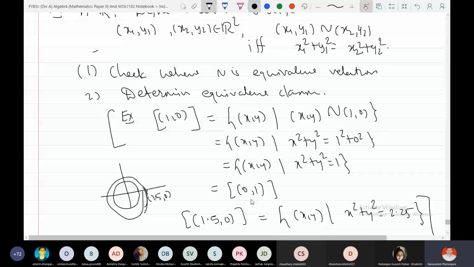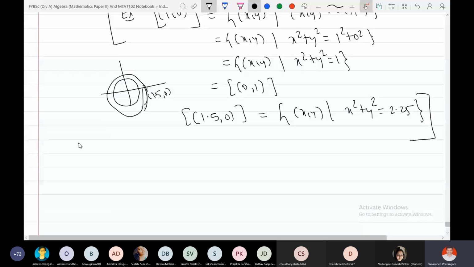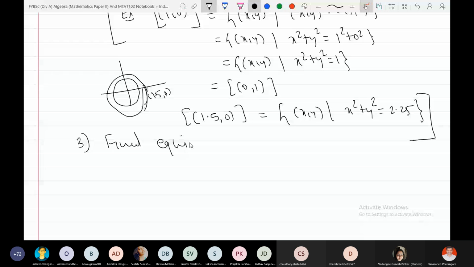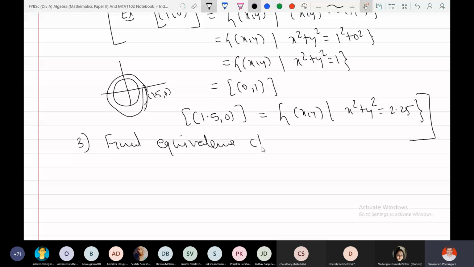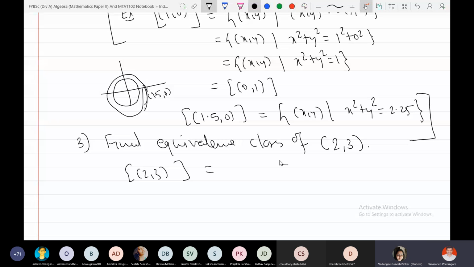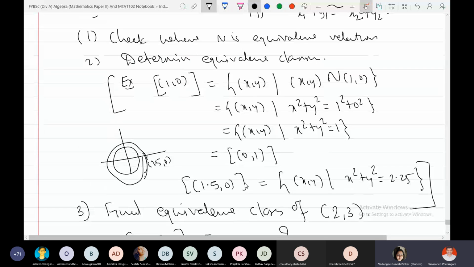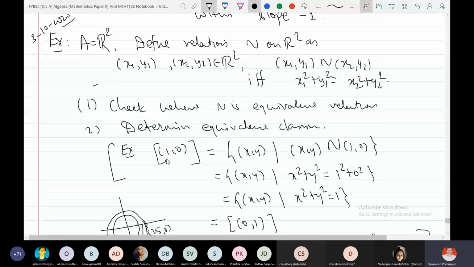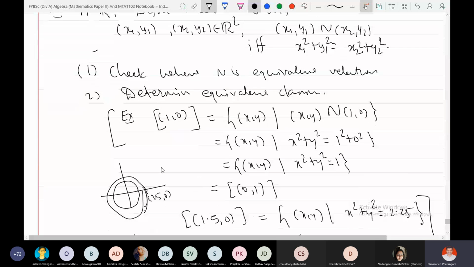Suppose I ask you a third sub-question, find or determine the equivalence class of, for example, the point (2, 3), then you have to find the equivalence class of (2, 3). You can determine this. It is not necessary every time to find the equivalence class of (1, 0) or (0, 1). That is for your understanding. If it is asked to find the equivalence class of some point, then you can find that class.